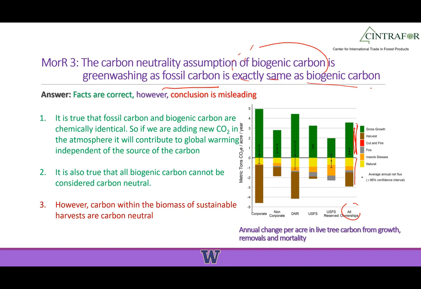And that is carbon neutral in terms of global warming, because remember my first slide, the actual global warming is happening because we're increasing the abundance of CO2 in the atmosphere. Even if we burn all of it out, we are not increasing the abundance of CO2 in the atmosphere because we have sequestered more in that particular year. So yes, biogenic carbon from sustainably harvested forests can be considered carbon neutral.